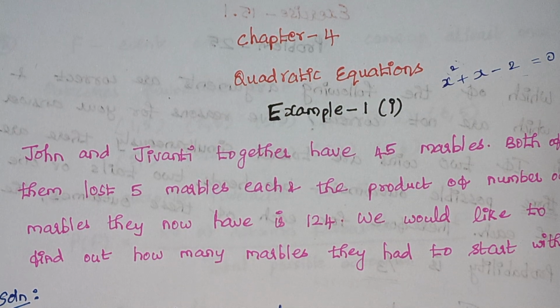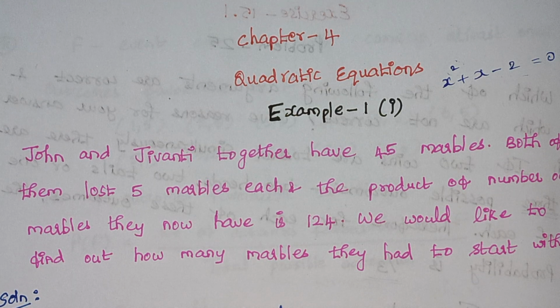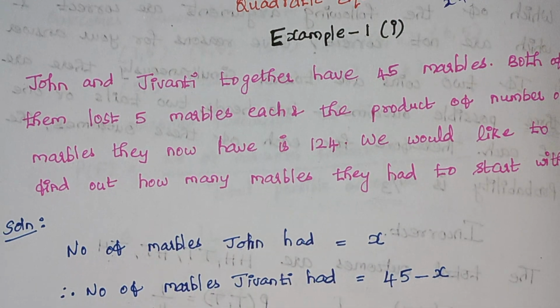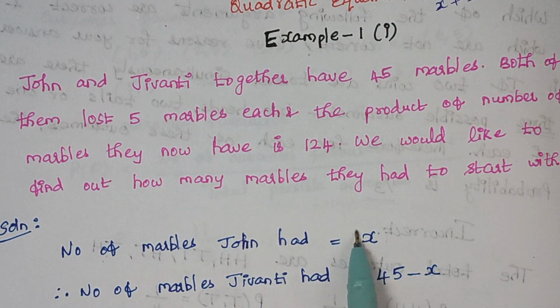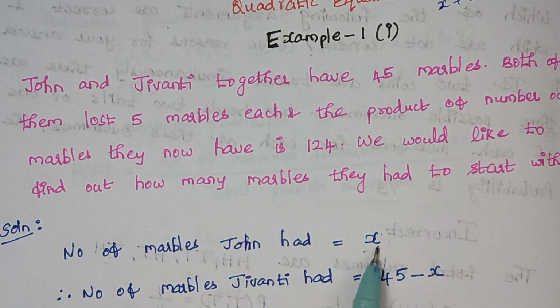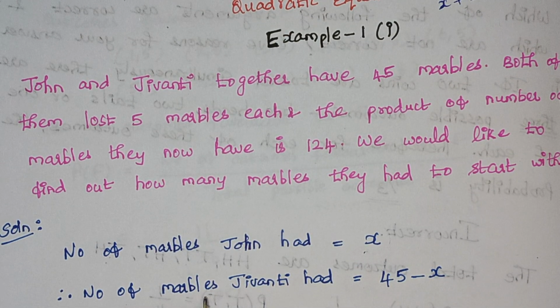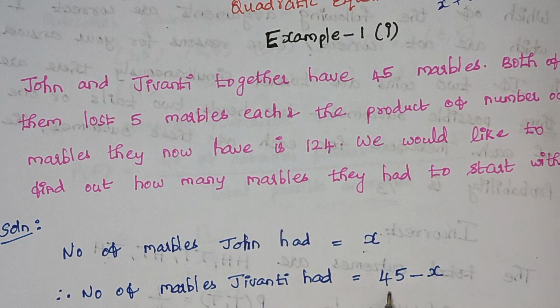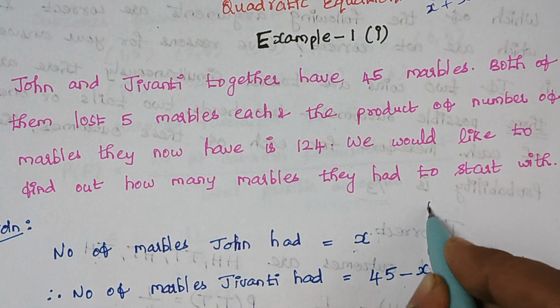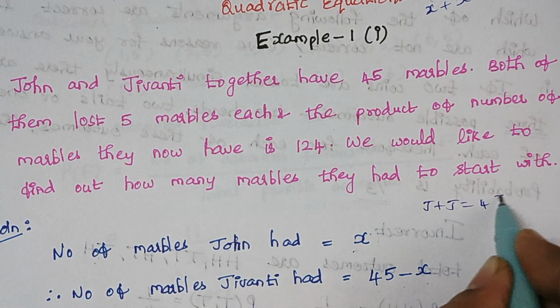So here, initially we don't know how many marbles John has and Jivanti has, but totally they have 45. So let the number of marbles John had be x. We are defining this by ourselves. So the number of marbles John had is x and therefore the number of marbles Jivanti had is 45 minus x, because they totally have 45.